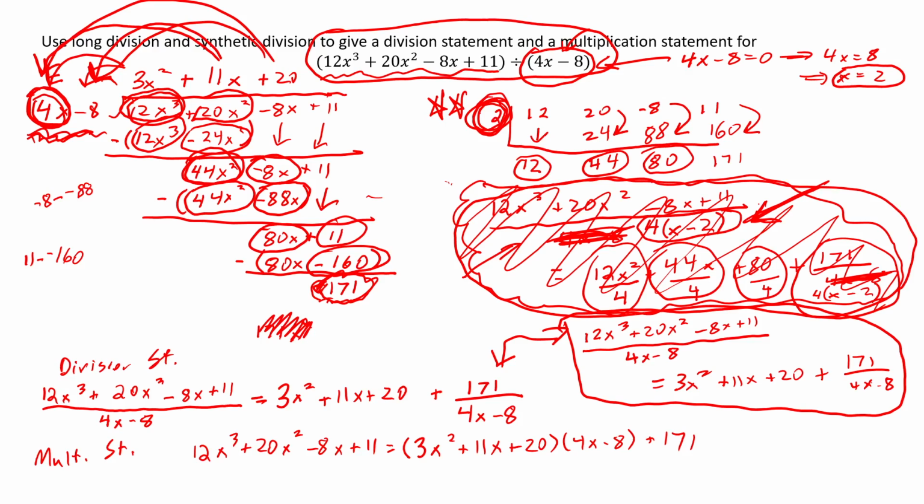If you have a linear divisor, in this case 4x minus 8, and if the coefficient of x in that divisor is not 1, which is the case here, the divisor is 4, then you can still use synthetic division by setting that divisor equal to 0 and solving for x. In this case, we got a 2, following the normal steps of synthetic division.